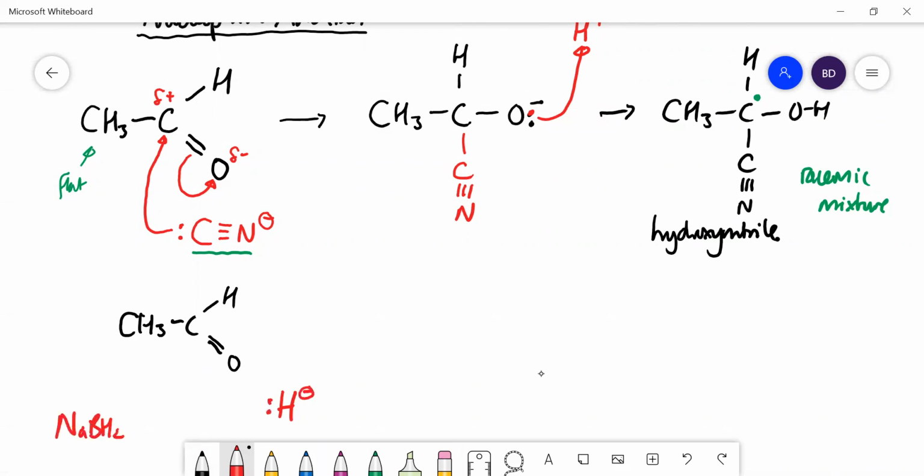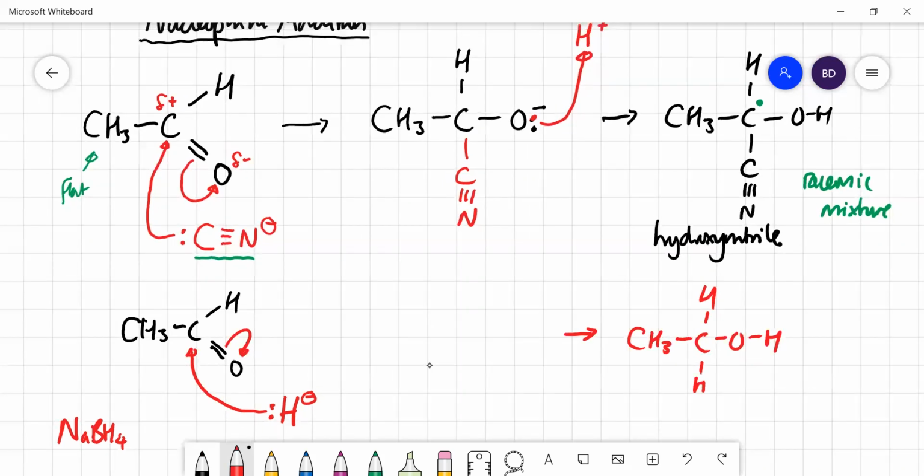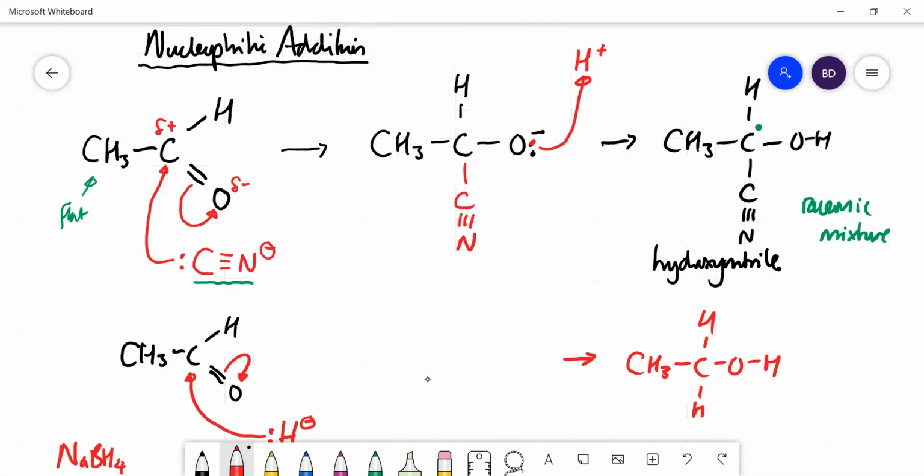Really, it's not a hydride ion by itself, but they expect you to simplify it, just showing it as a hydride ion. That attacks the carbon, and of course you will end up there with a primary alcohol as the product. And it's also a reduction, that reaction. So they're the two nucleophilic addition mechanisms you need to know. It's the same one really, just the cyanide ion or the hydride ion. Right. So that's our four basic ones.